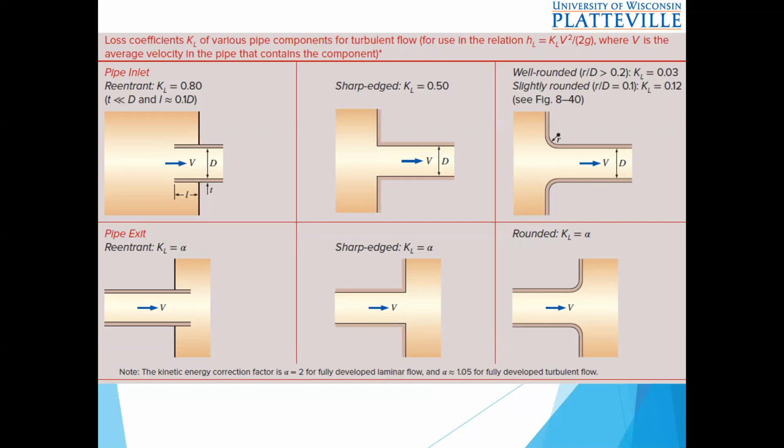For example, the kinetic energy correction factor alpha is 2 for laminar flow, and sometimes alpha equals 1.05 or just 1 for fully developed turbulent flow. You have already seen this alpha in the energy equation as the coefficient of velocity head.